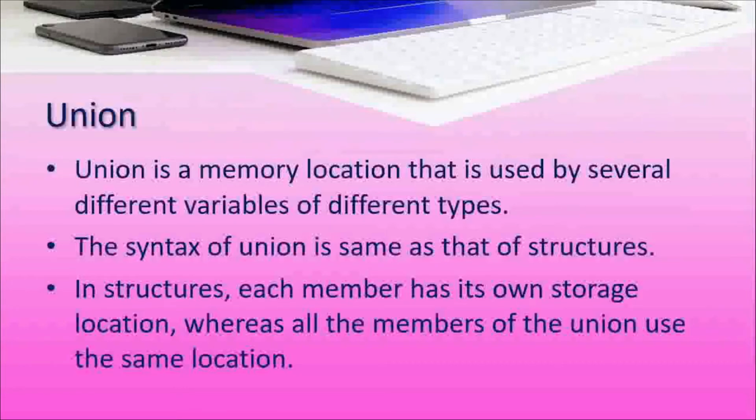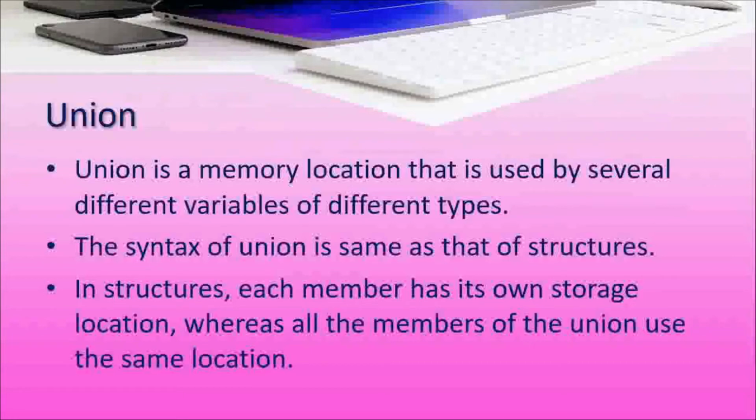In the case of union, the same memory location is used by all the members within that particular union. The syntax of union is the same as that of structures. The only difference is that in the case of structure definition, we use the keyword struct, but in the case of union, we use the keyword union.